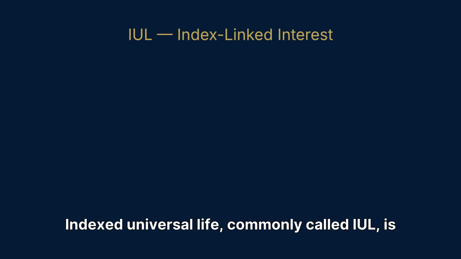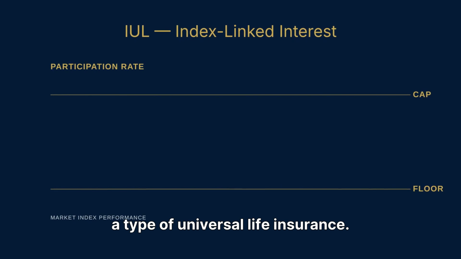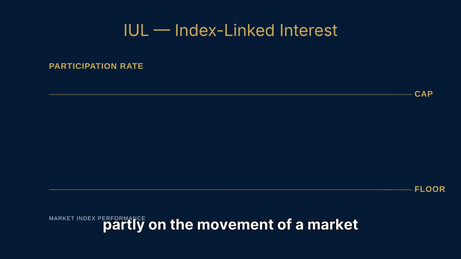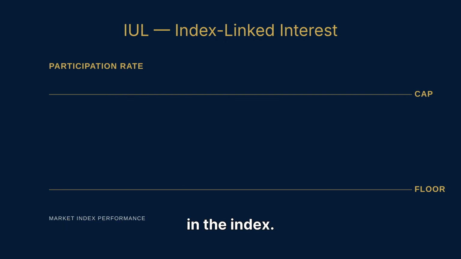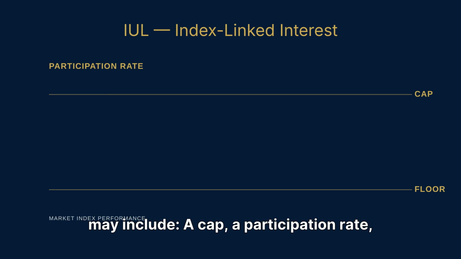Indexed universal life, commonly called IUL, is a type of universal life insurance. Its cash value may earn interest based partly on the movement of a market index such as the S&P 500. However, your money is not invested directly in the index. Interest is calculated using a formula that may include a cap, a participation rate, a spread, or other limits.